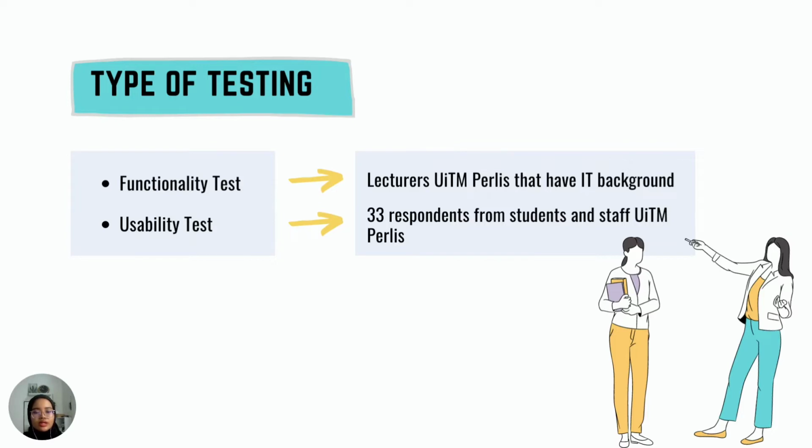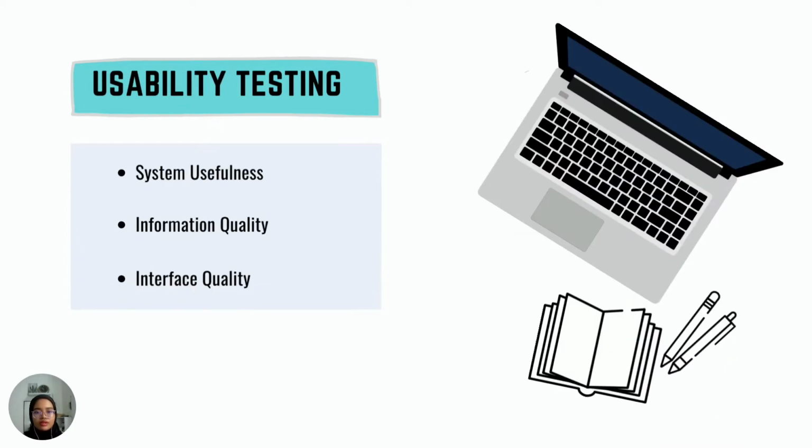This testing consists of 33 respondents from students and staff of UiTM Perlis. This usability testing consists of 3 sections, which are system usefulness, information quality, and interface quality.